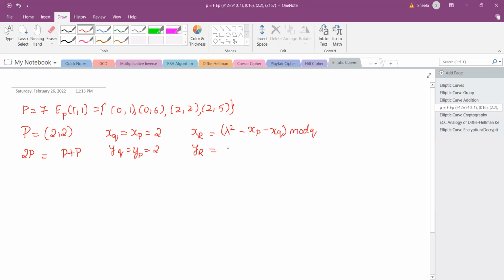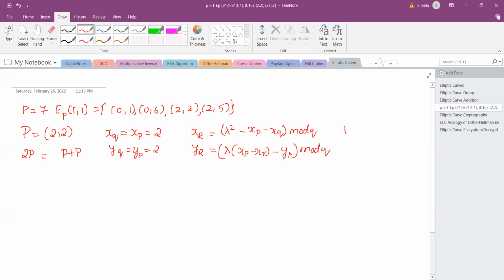And for yr it is lambda into xp minus xr, minus yp, mod q. These are the expressions.